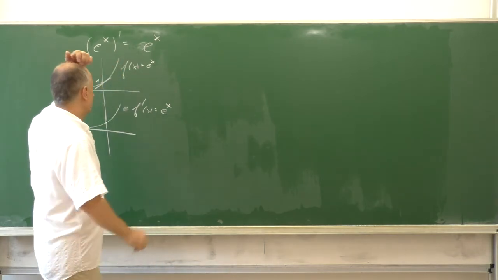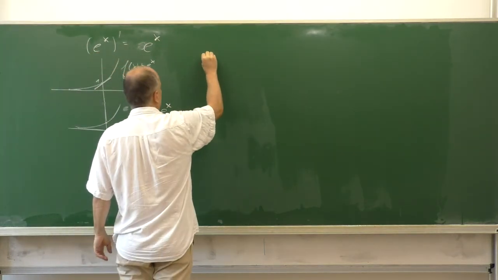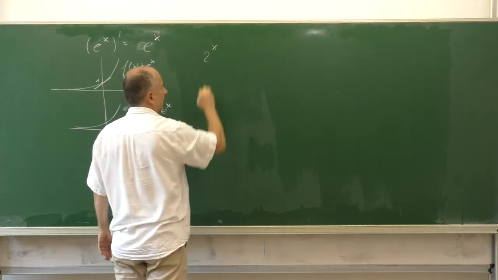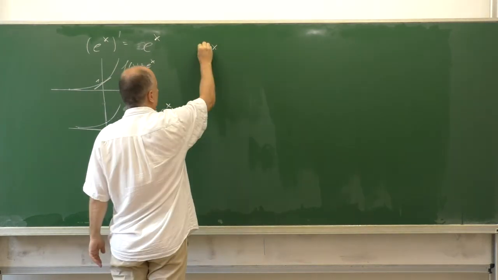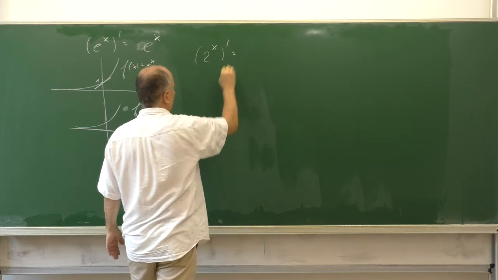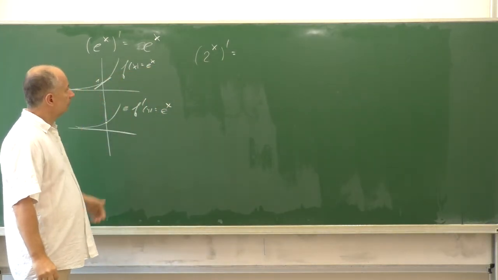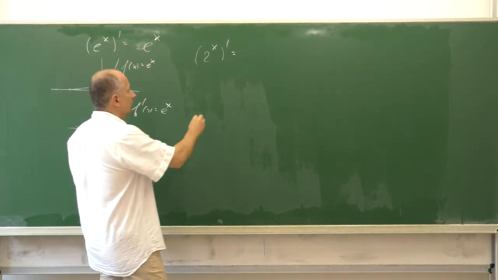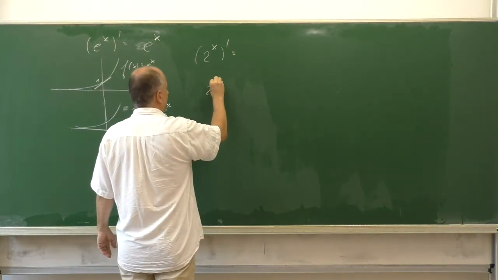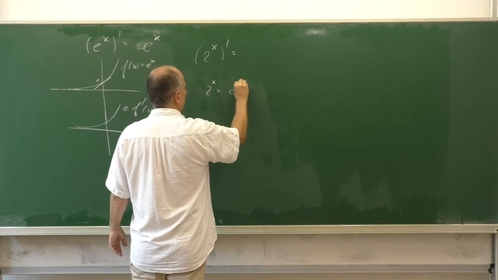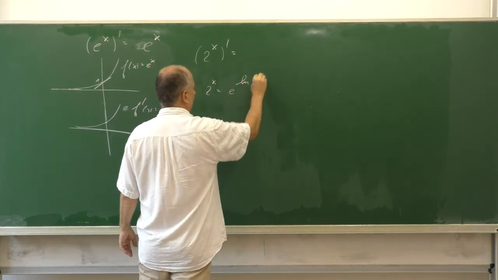Now, what about an exponential function with some base different from e, say 2 to x? We can always write 2 to x as e to logarithm of 2 to x.